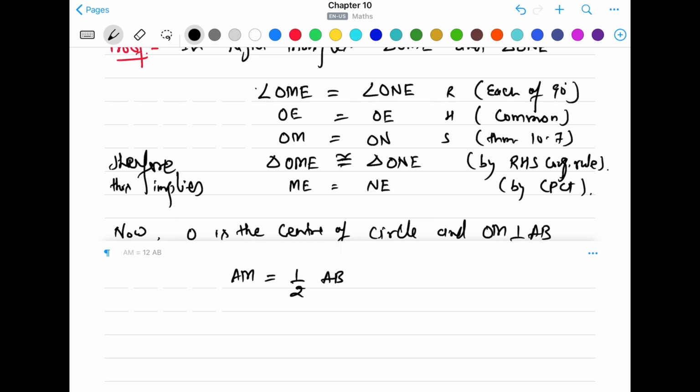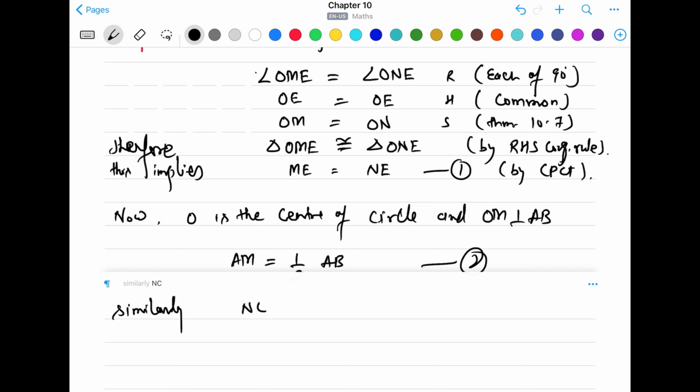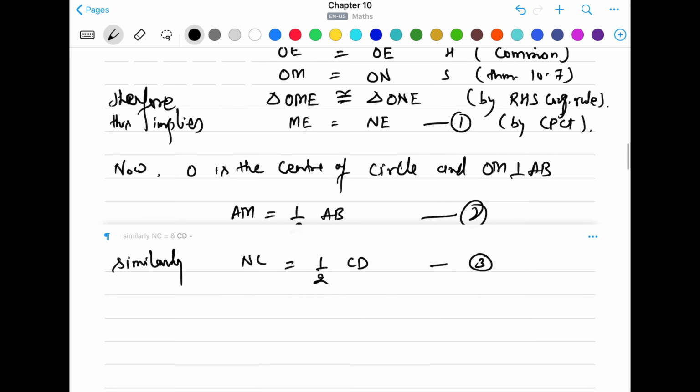Okay, so let's name this as equation 1 and this one as equation 2. Similarly NC, this is for the other chord, will be equal to half of this other chord CD. Let's name it equation number 3.